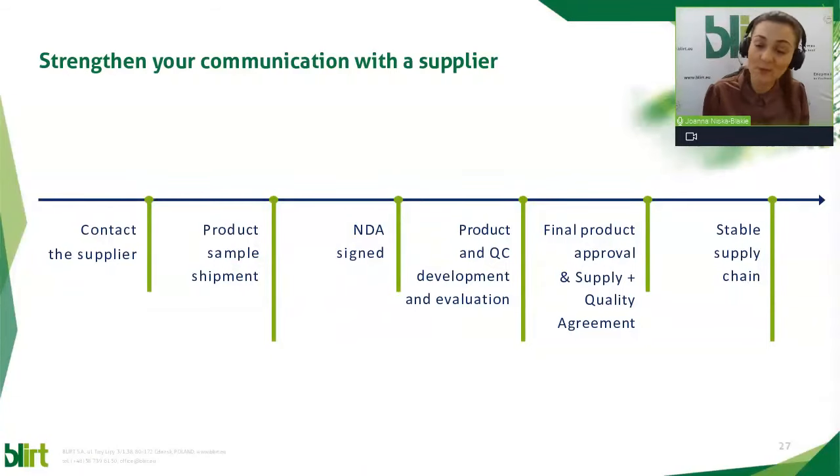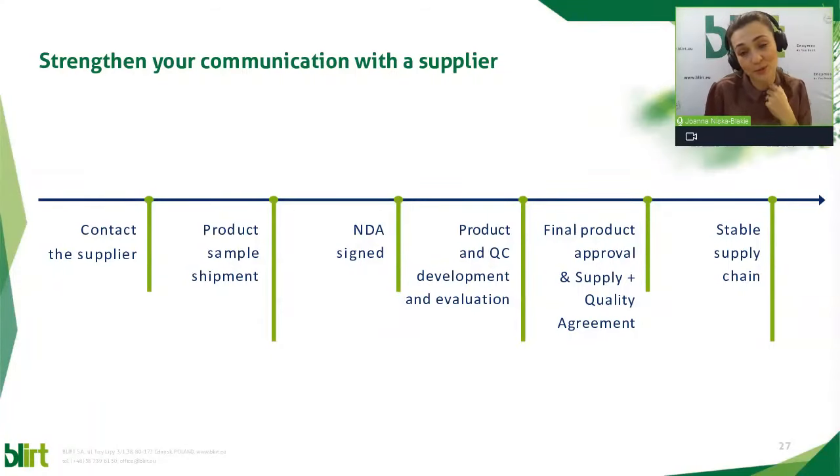Once you are happy with the product and it gave you good results, it's time for the product to go through the QC development and evaluation. Then there's the final product approval. And again, to be on the safe side of the business, it's always worth thinking of signing the supply and the quality agreement to be sure that there won't be any changes in, for instance, the product formulation during the time the agreement lasts.